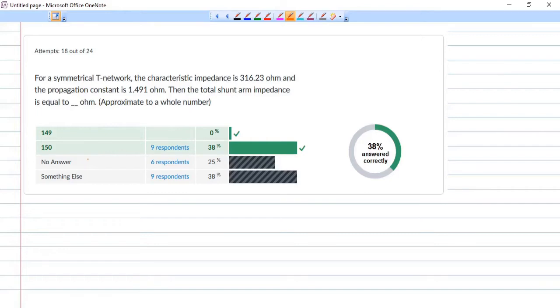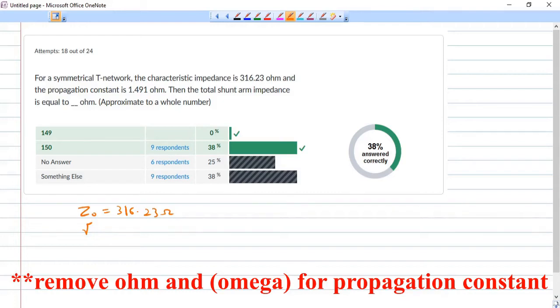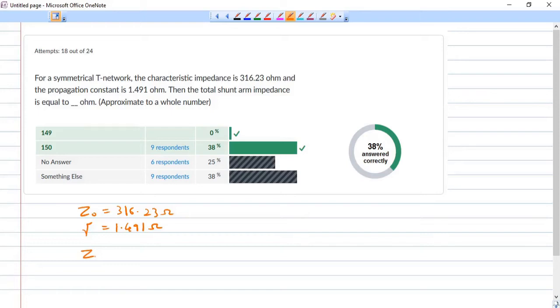Okay, the next question is, for a symmetrical T network, the characteristic impedance is given as 316.23 ohm and propagation constant gamma is given as 1.491. Then the total shunt arm impedance Z2 is being asked. In the previous question I had told that the total shunt arm impedance Z2 is given by Z0T upon sinh gamma.